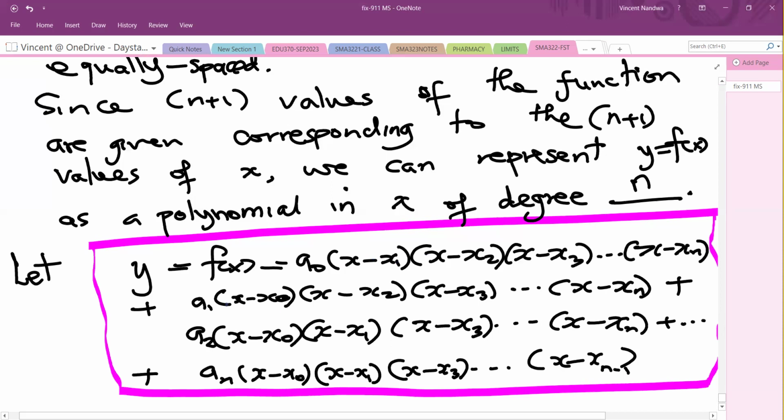And when we have a1, there's no bracket x minus x1. When we have a2, there's no bracket x minus x2. And when we have an, there's no bracket x minus xn. And you should appreciate that if you open the brackets for each term, the highest power of x is n, because in each term there are n such brackets, x minus xi.